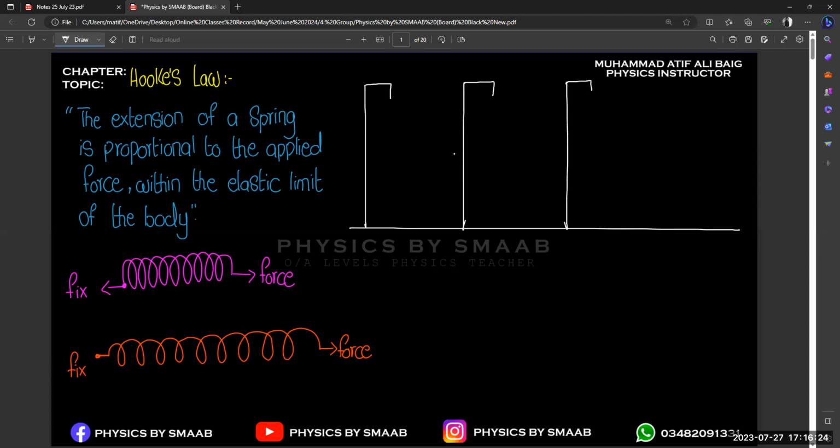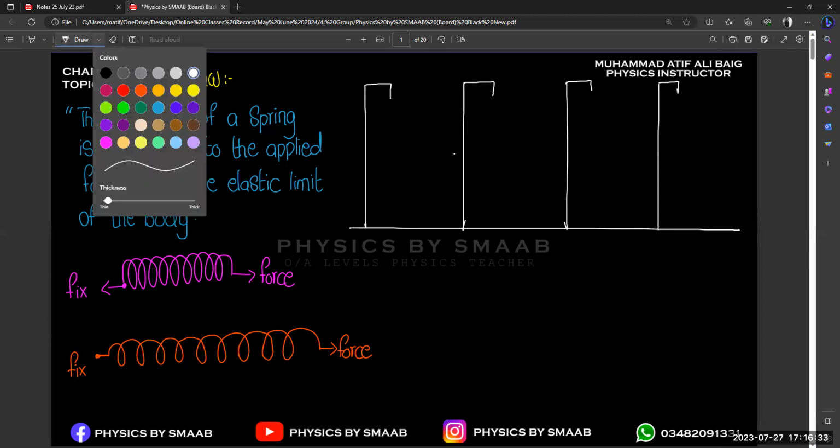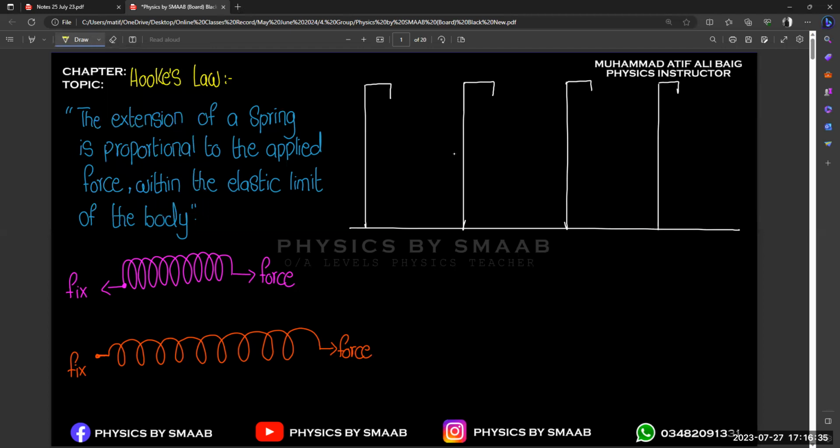Okay, so now let's suppose we use the same spring for the experiment, because our main purpose is not to study the material strength. Our main purpose is to study the direct relation between force and extension, right?